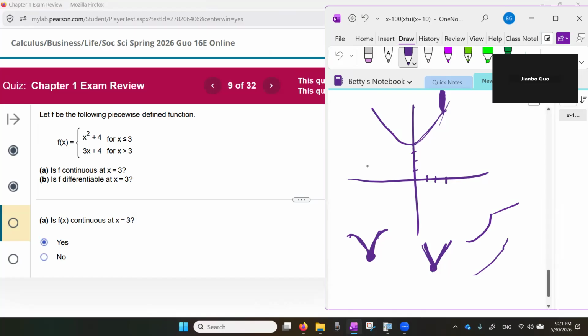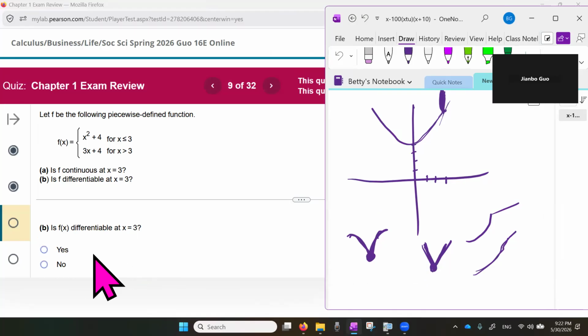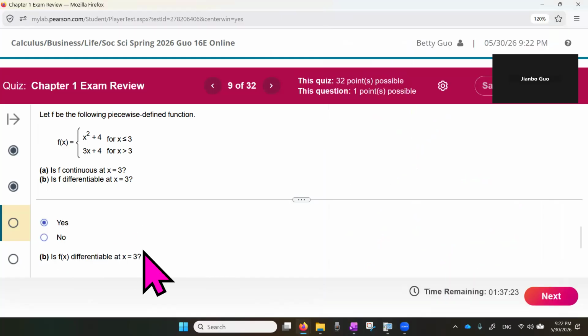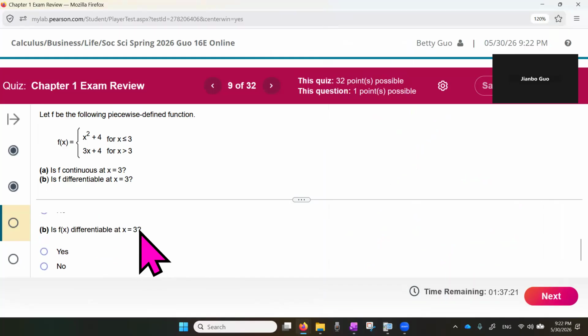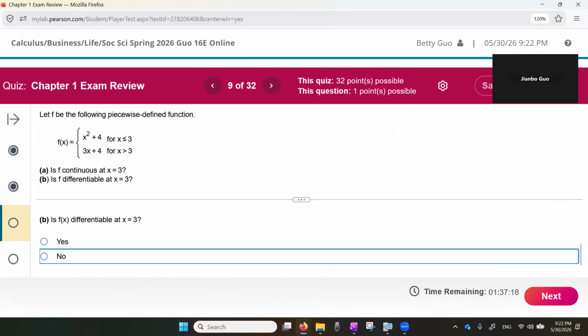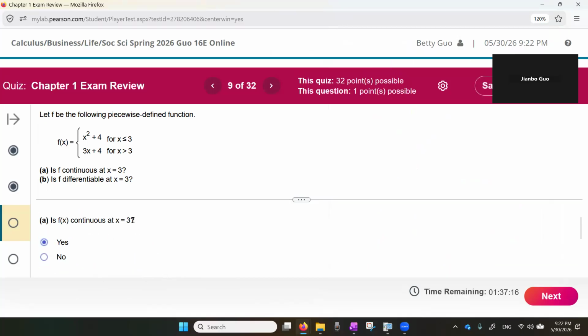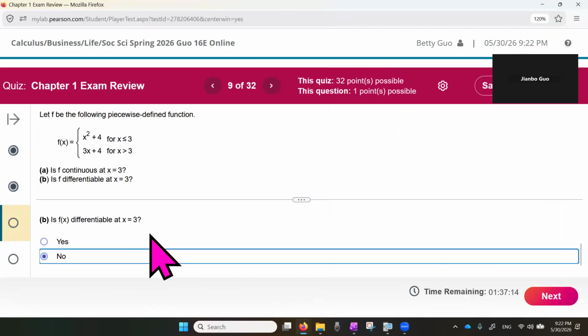On one side of the point is a curve, on the other side is a straight line. So similar to the cusp or angular point, it is not differentiable. It is continuous, but not differentiable.